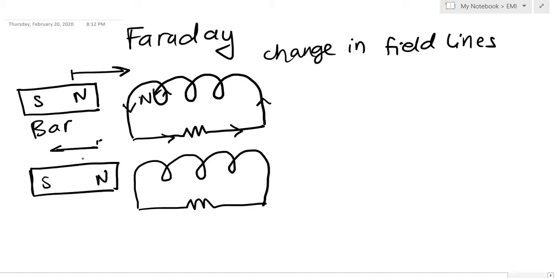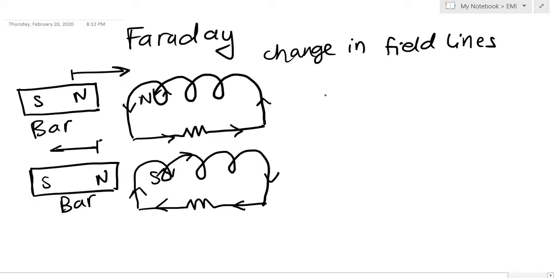So when he pushed it off, the coil didn't like that either, because again there was a change in field lines cutting through the coil. So what the coil tried to do is attract this north because it didn't want it to go away. So it created a south polarity on its face. One way to do that is to have a clockwise current. So basically you can see now that the current flows in the opposite direction.